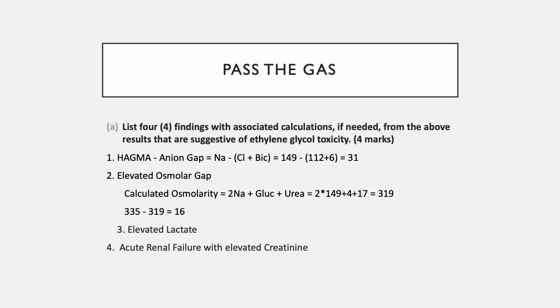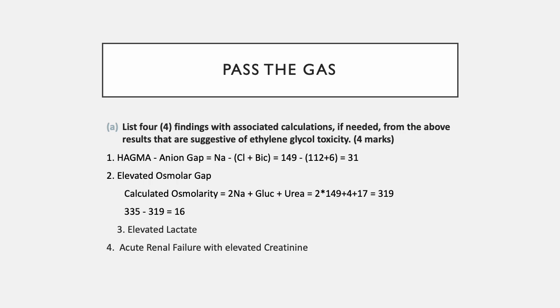The question was to list four findings, with associated calculations if needed, from the above results that are suggestive of ethylene glycol toxicity. For 4 marks, a lot of people interpreted this to mean that I should calculate everything available, but the idea was to purely put out results that are suggestive of ethylene glycol toxicity.